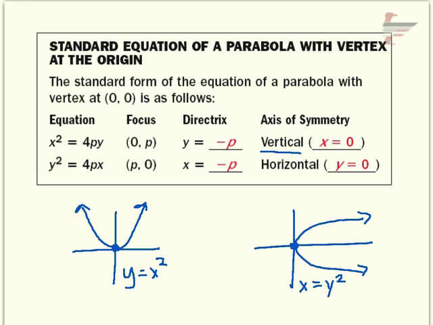But in addition to that, I'll go back to my vertical parabola here. There's this p-value, and p, I'm actually going to define up here, is the distance from your vertex to your focus point.